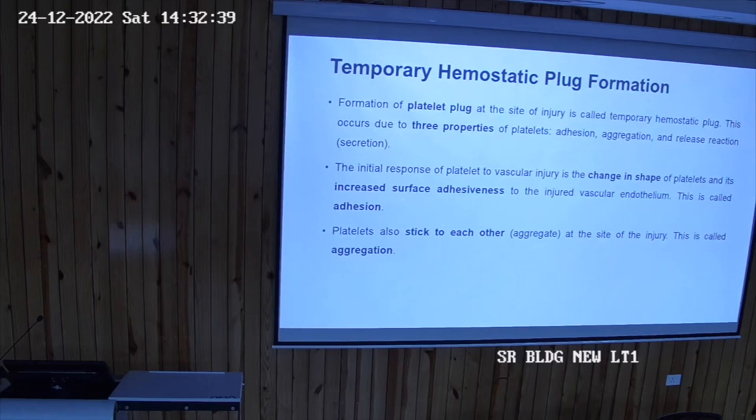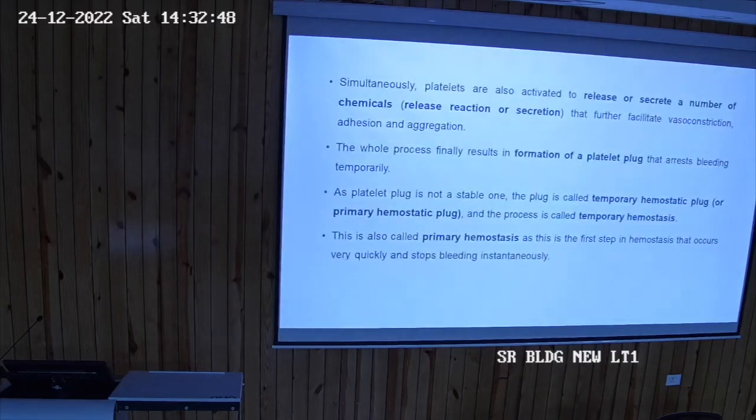Okay, platelets stick to each other, mutually, at the site of injury, that is known as aggregation. This is the third stage that is taking place. That arrests bleeding temporarily. Okay, not a stable one. This is not a stable one, it is temporary, so we have to make a permanent arrangement.